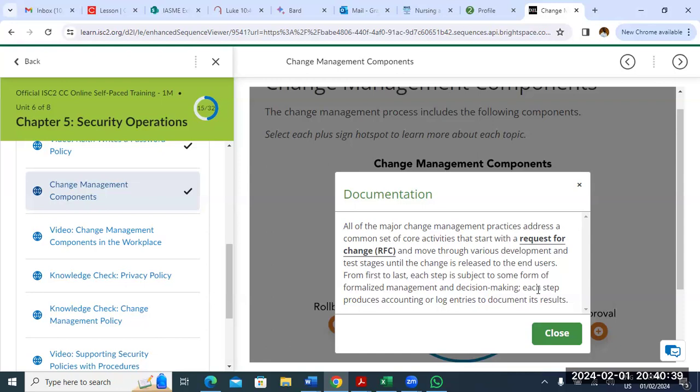It also has stages. After that has been done, it moves to development. They can start testing as well, and then finally push it to production. So no one will ever go into production, or even commence it at all, without an RFC in place that has been signed.